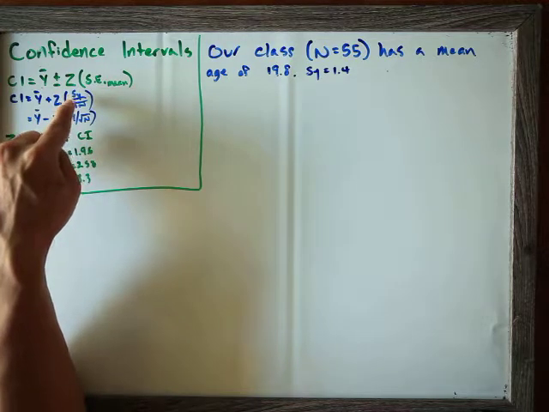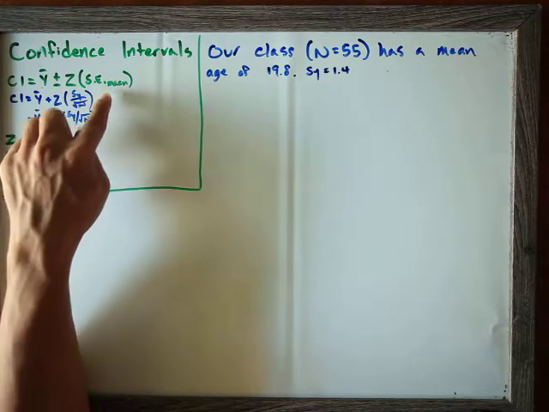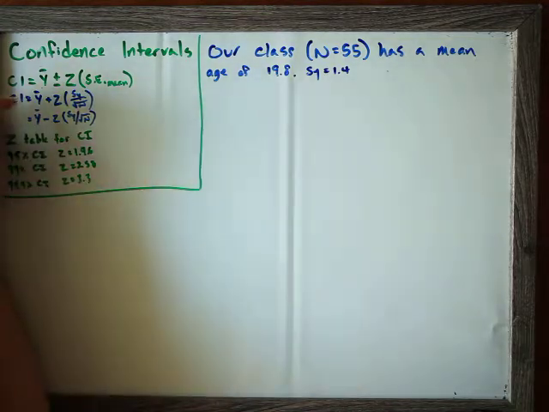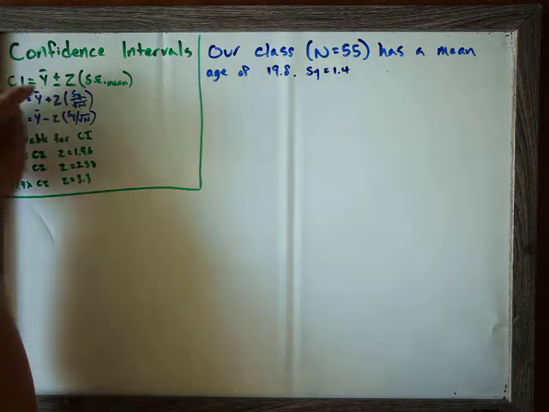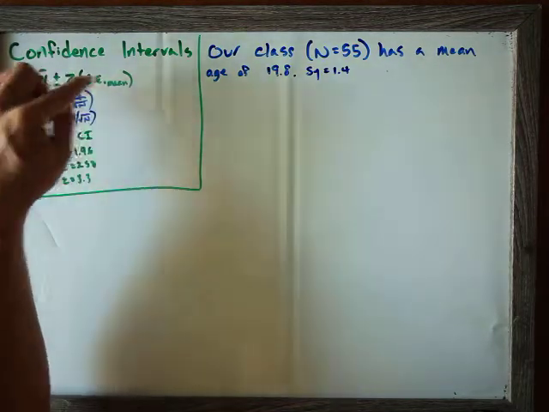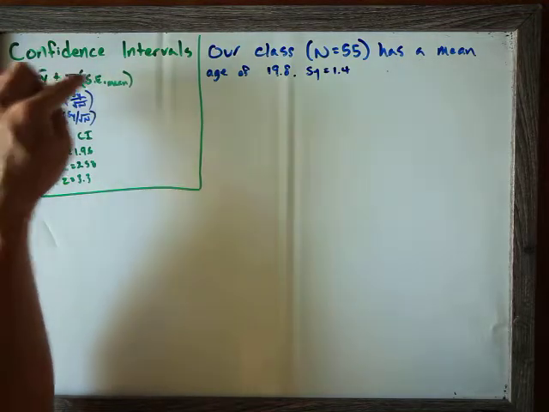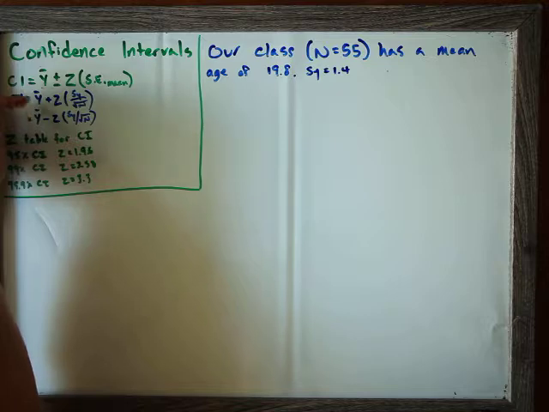The standard deviation divided by the square root of n is the standard error of the mean. These two things are equal. We divided the confidence interval into two equations because this plus or minus actually means y bar plus z times the standard error of the mean and y bar minus z times the standard error of the mean. That's what's represented here.